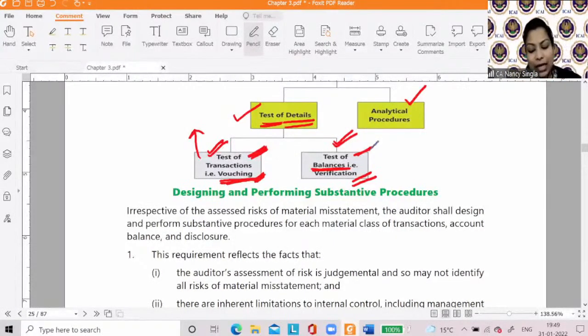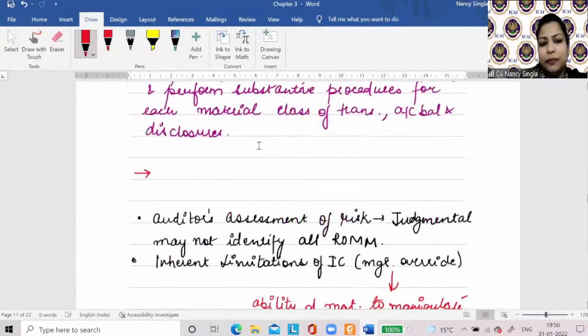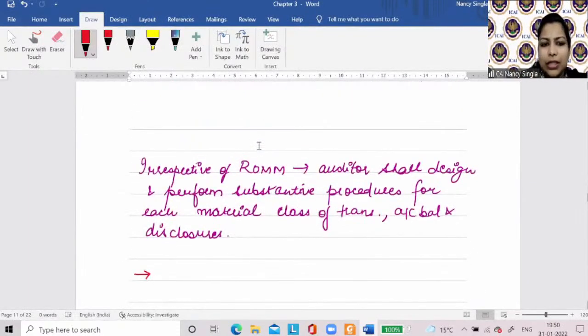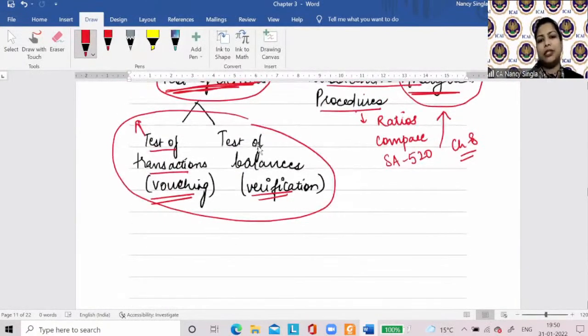Okay? Now, if you remember, I told you that it might be possible that IC, internal control, are very good. Still, the auditor is performing substantive procedures. Just imagine that internal controls are good, but tell me, what is the definition of audit?